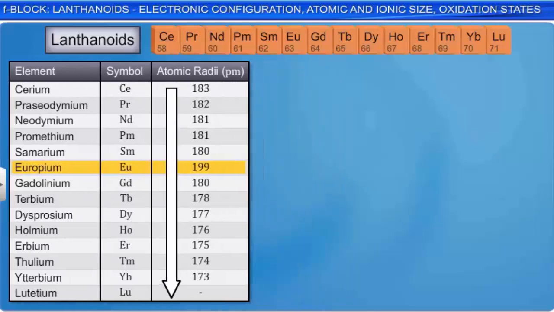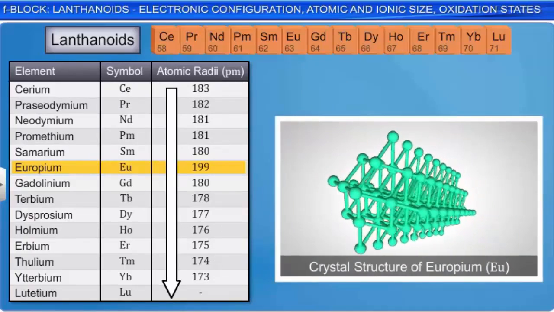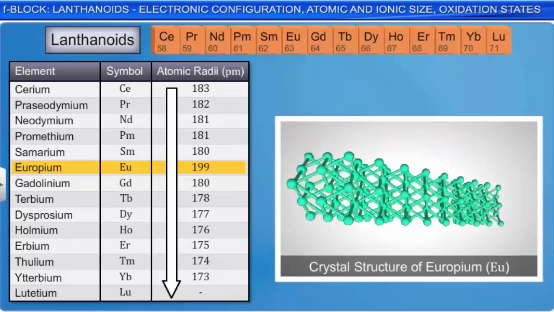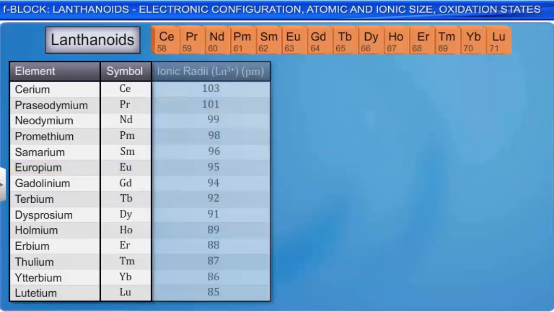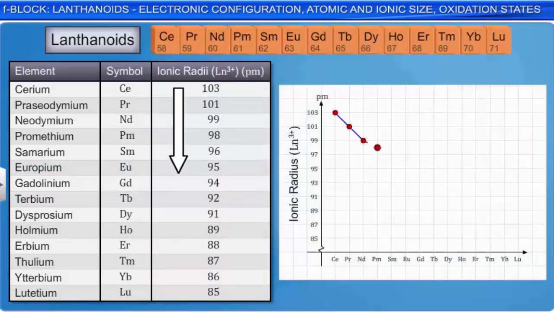Europium, because of its crystal structure, has an abnormal atomic radius. The ionic radii of the trivalent lanthanoid ions, in contrast, exhibit a smooth decrease.